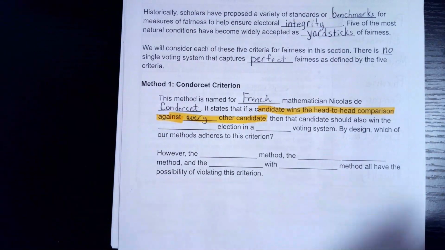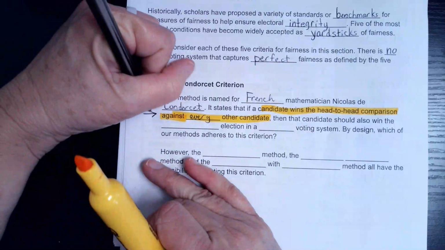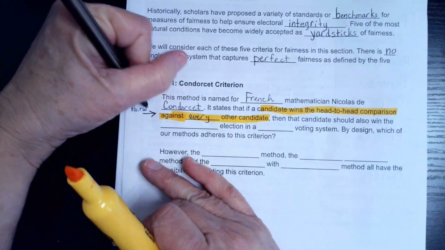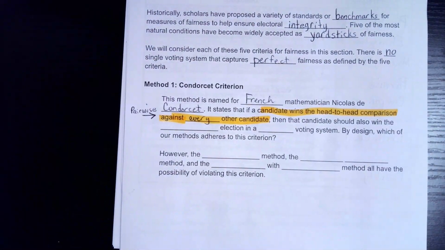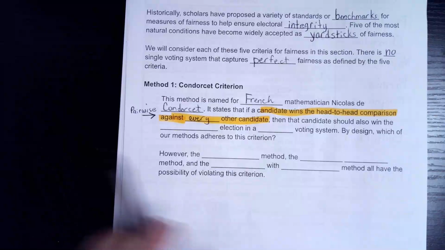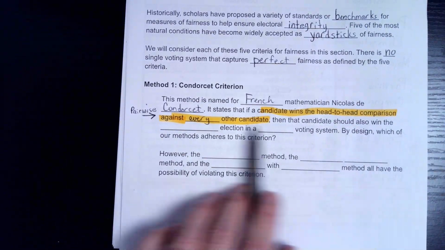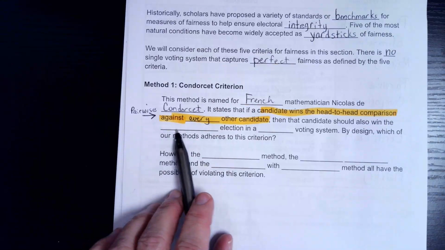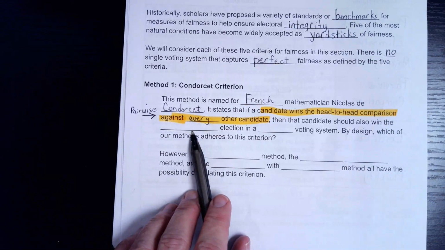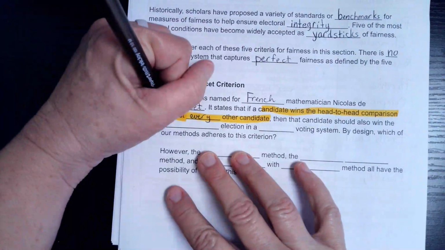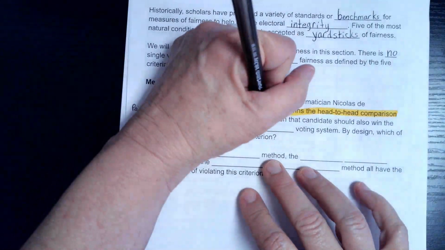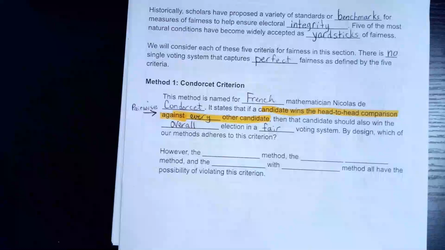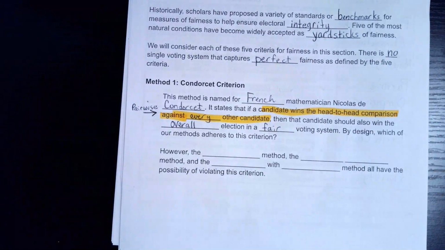So you could check pairwise, and we know how to do that. You got a little bit of practice with that on the homework. If they win head to head against all the other candidates pairwise, then that candidate should also win the overall election. In a fair voting system, they ought to win the overall election.